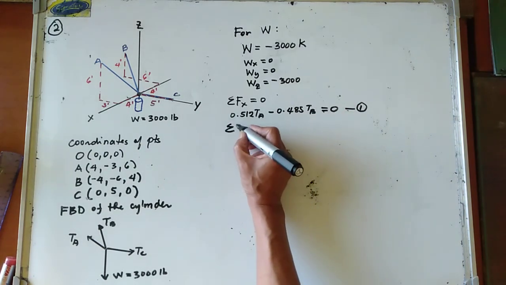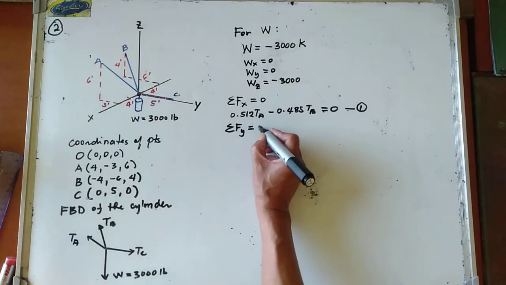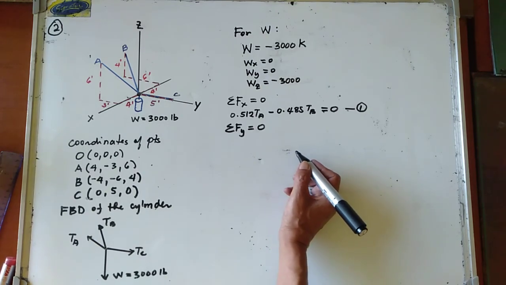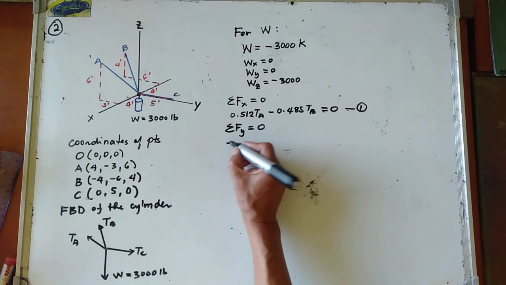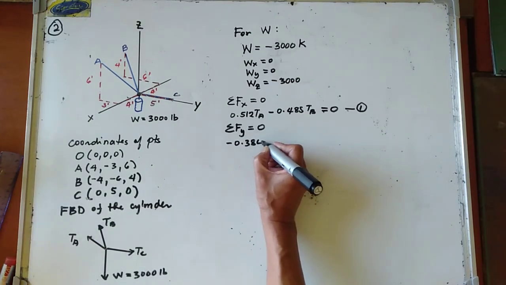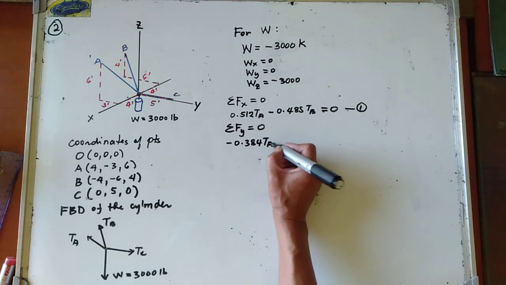Summation of forces along the y-axis is equal to 0. We have your TAY is negative 0.384 TA.